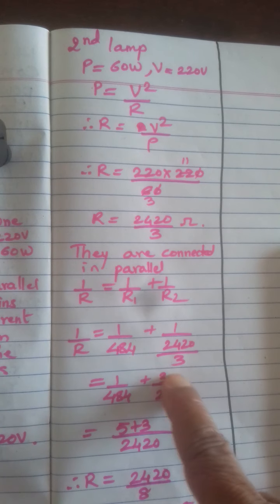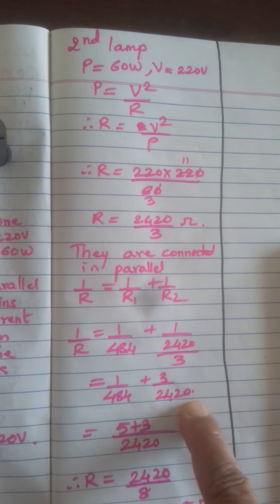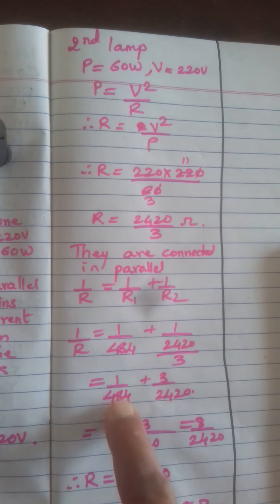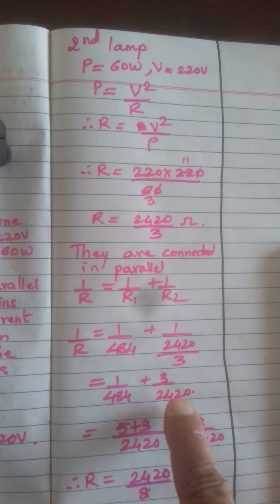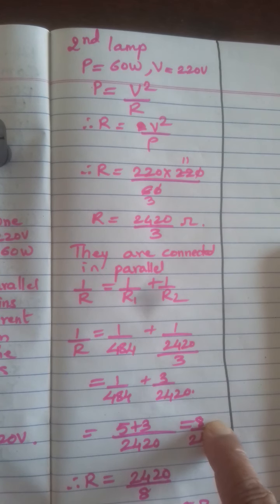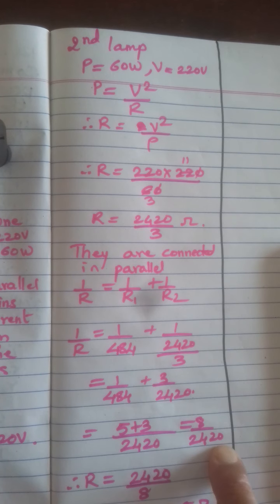This 3 comes up. Okay, so you get 1 by 484 plus 3 upon 2420. So 2420 is the LCM. 484 5s, so 1 5s is 5, and 2420 ones are 2420, so 3 ones is 3. 5 plus 3 is 8. So this is 1 by R is 8 by 2420.